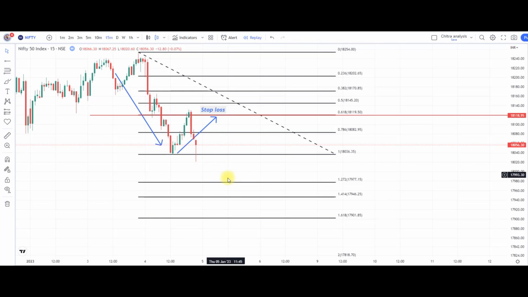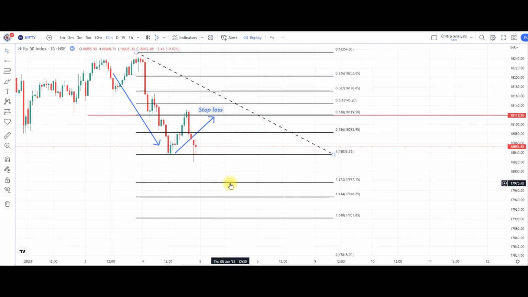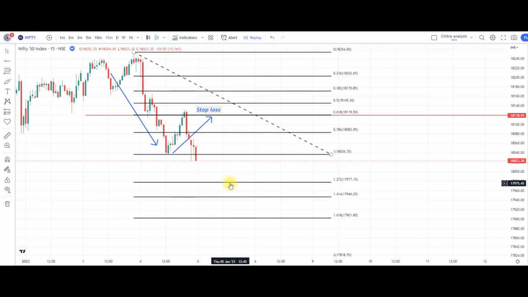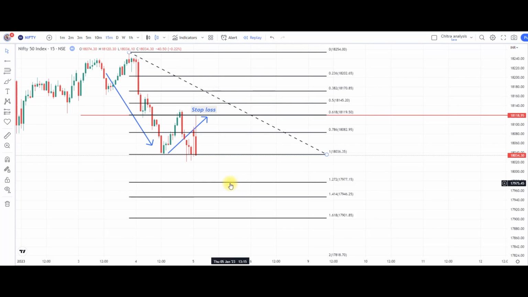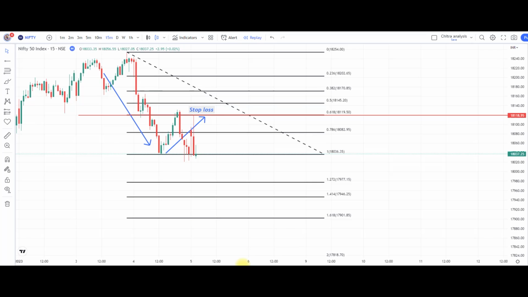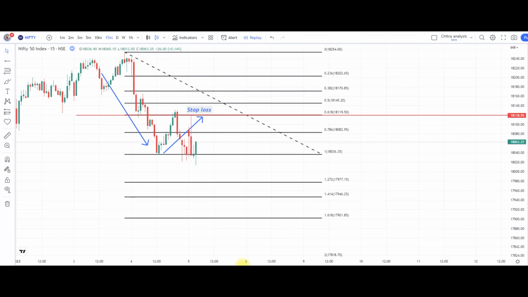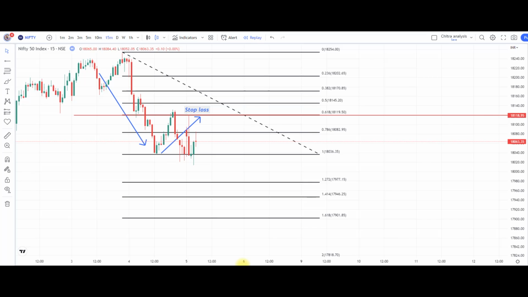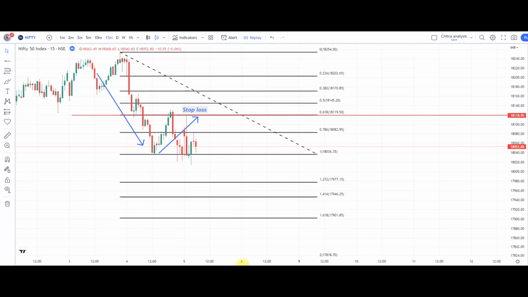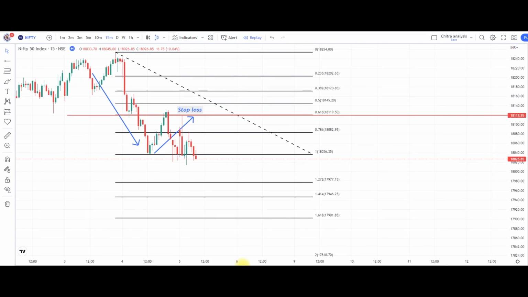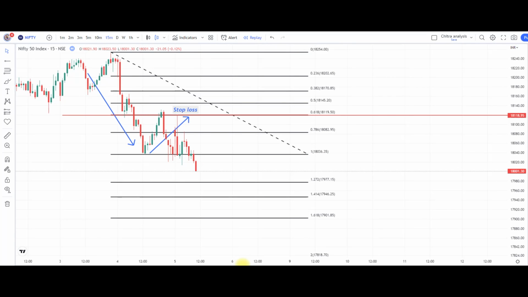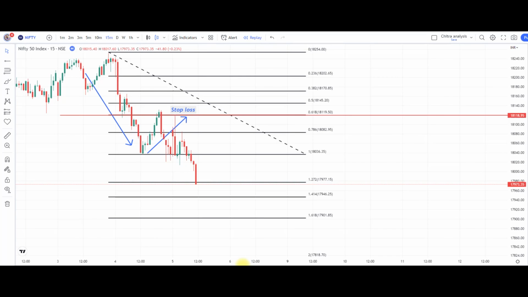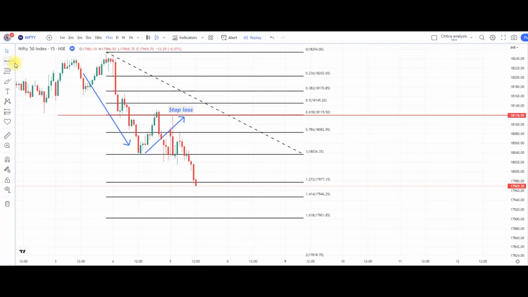So we will see whether our first target is achieved or not. So our first target is achieved at 1.272.